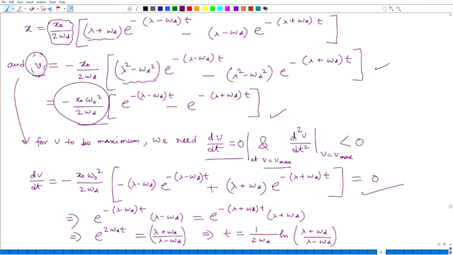Okay. And now, of course, if you check for this t, d2v/dt2, you can show that this is also less than 0, and that is something I want to leave for you as an exercise.